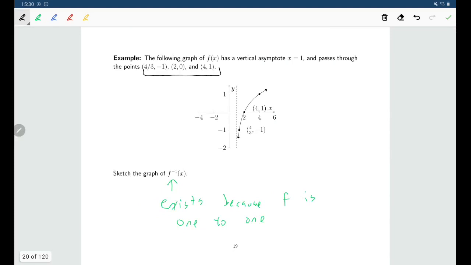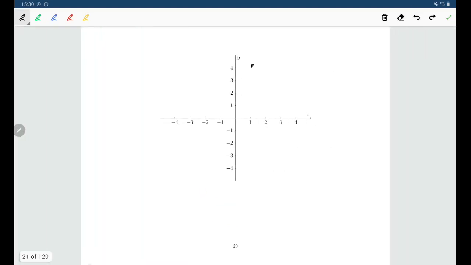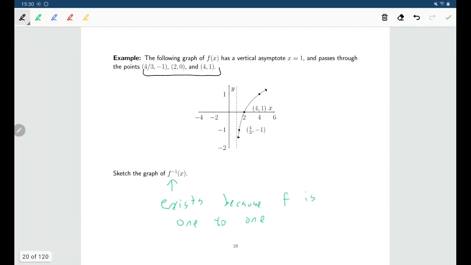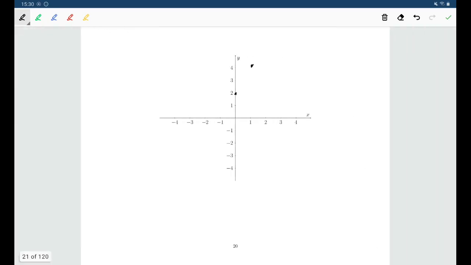Instead of having the point (2, 0), we would have the point (0, 2). And instead of having the point (4/3, -1), we would have the point (-1, 4/3). Just going to label these while I'm here.